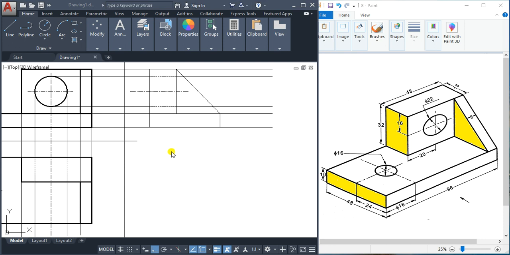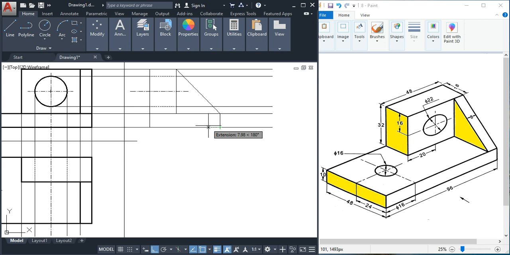Once again we have to indicate one more hole here. This center will be at a distance of 24 from this edge or this edge, both the same. So there we'll draw a vertical line to indicate the center or axis.